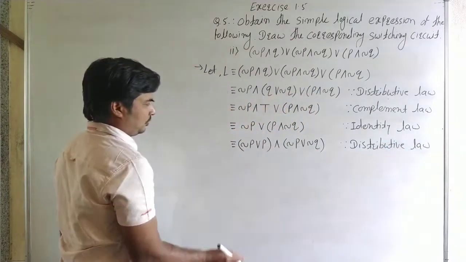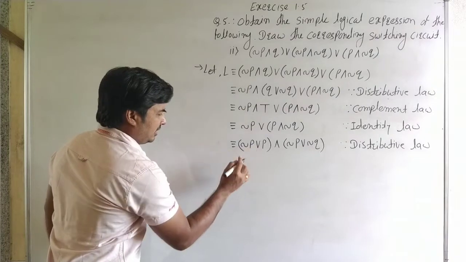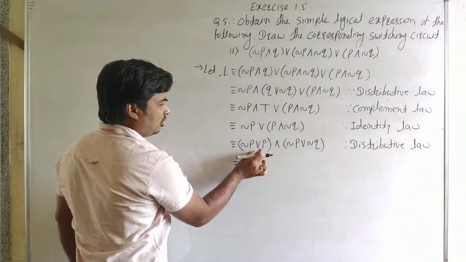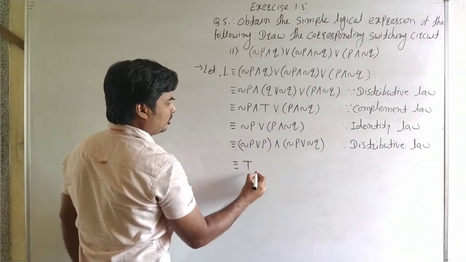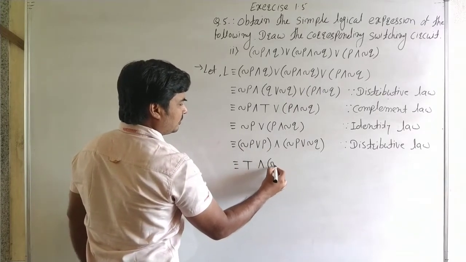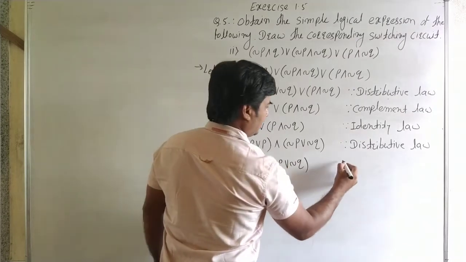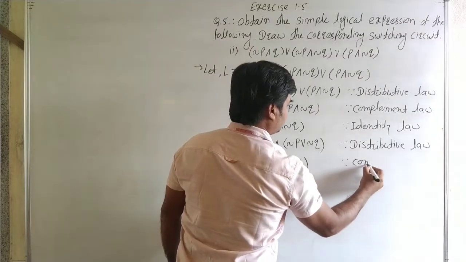Okay. Now statement or its negation, it is again a tautology. And negation P or negation Q. Here it is the complement law.